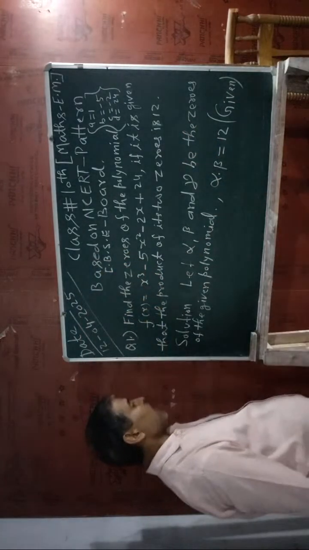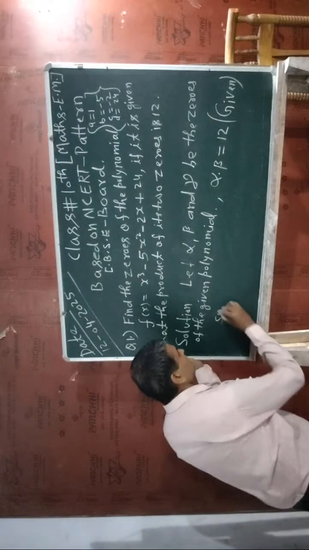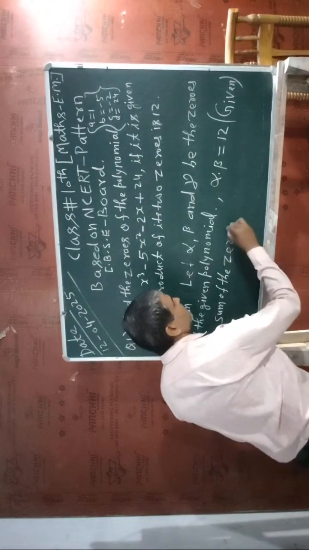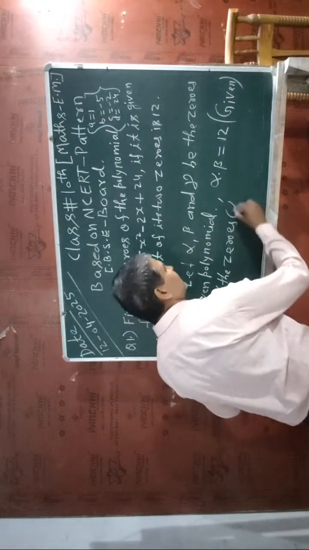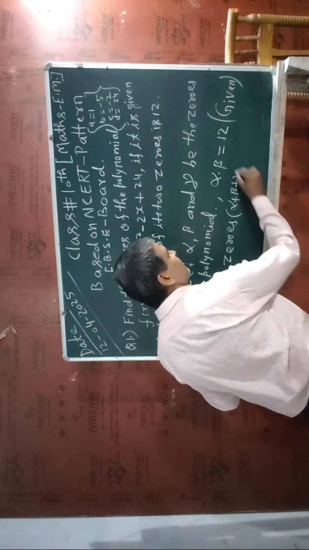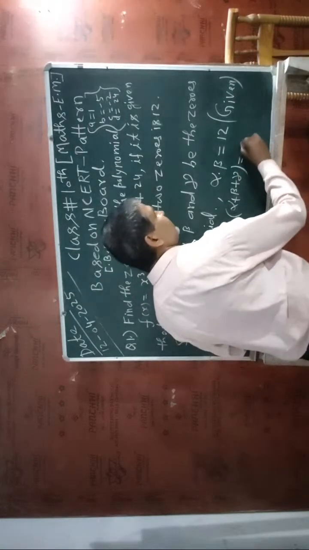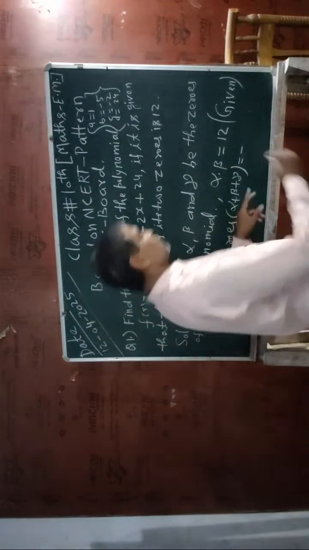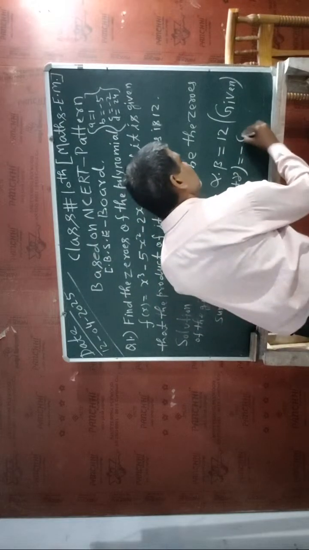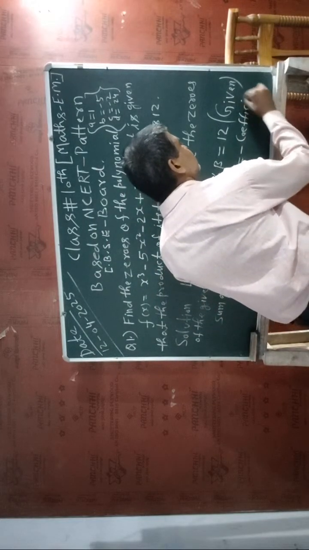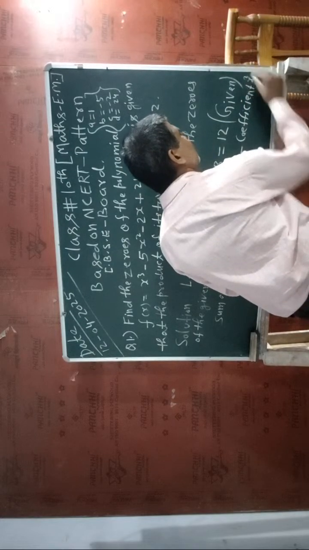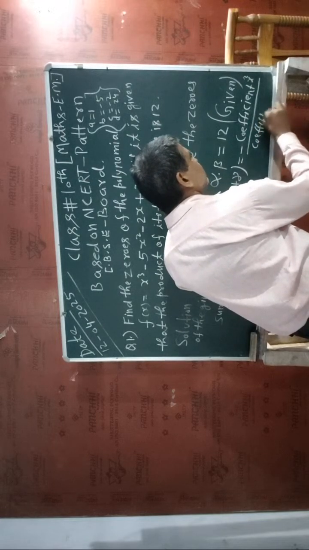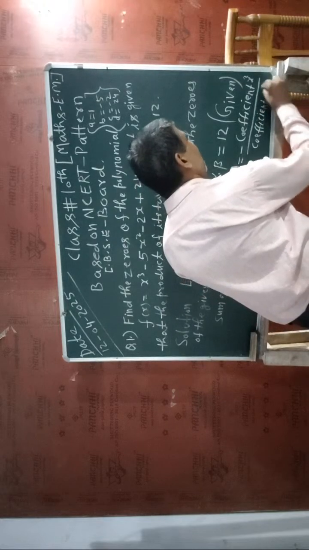Okay student, now the sum of the zeros. It means alpha plus beta plus gamma is equal to minus coefficient of x square divided by coefficient of x cube.